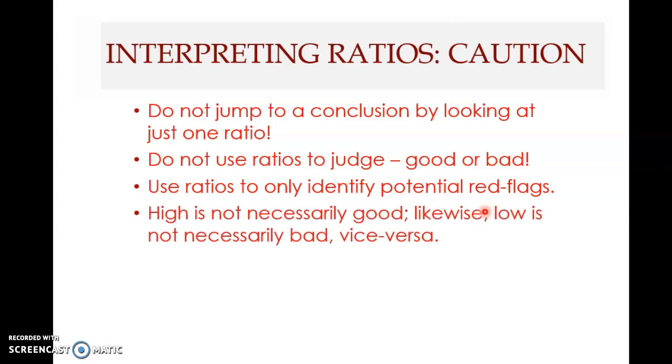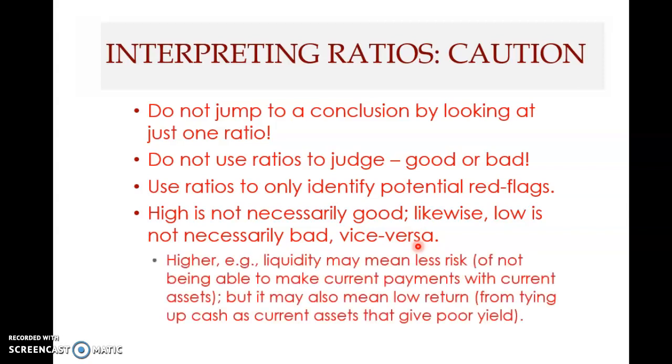Alright, and in the ratio, high is not necessarily good and low is not necessarily bad, and vice versa. Low may not be good, and high is not necessarily bad in some ratios. For example, liquidity. Higher liquidity may mean less financial distress risk, because you'll be able to make the payments when they become due, with current assets.